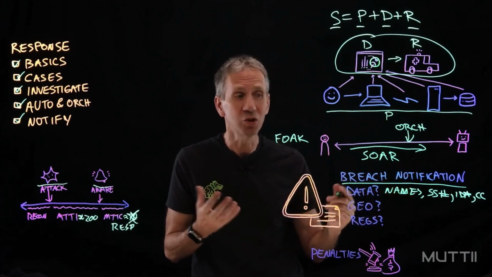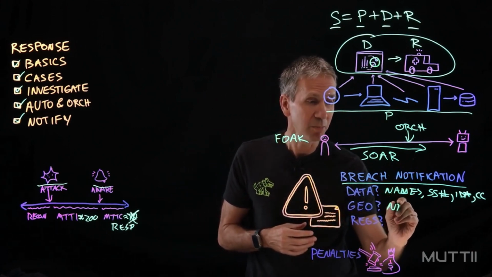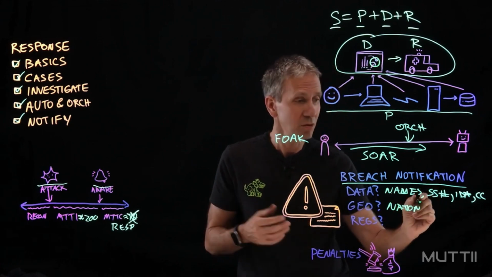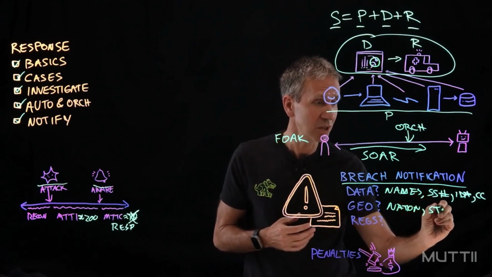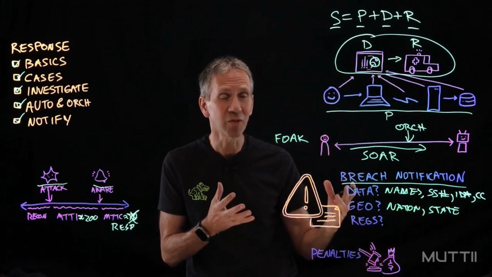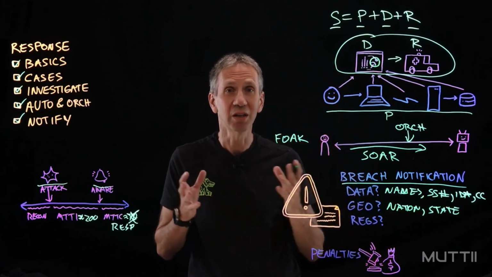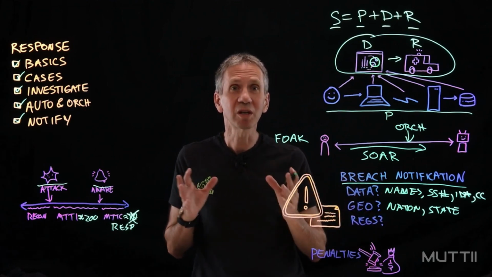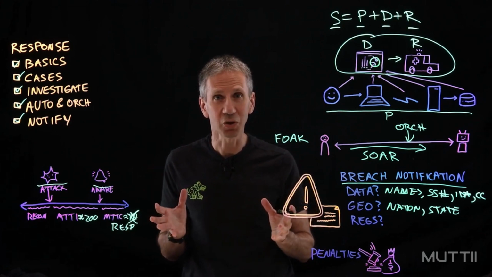Then I need to know what geography were the people whose data was compromised involved. So what nation are they in? Maybe even what state or region within that, because it turns out we have different breach notification laws in different countries, in different parts of the world. And even within a country, we have different breach notification rules.